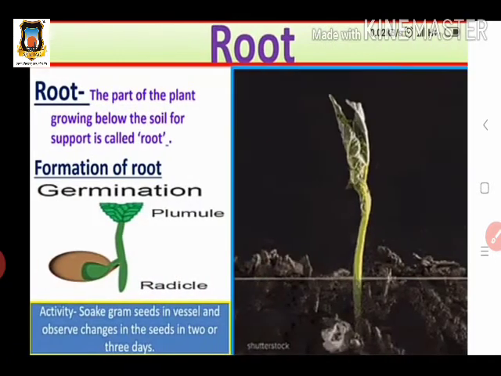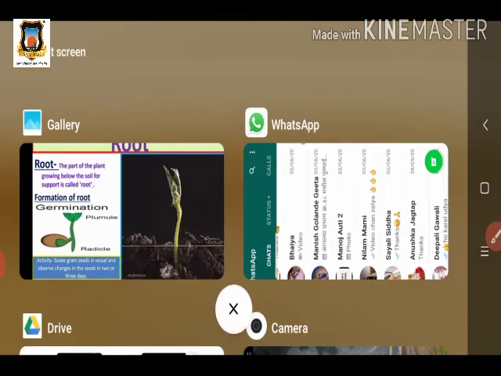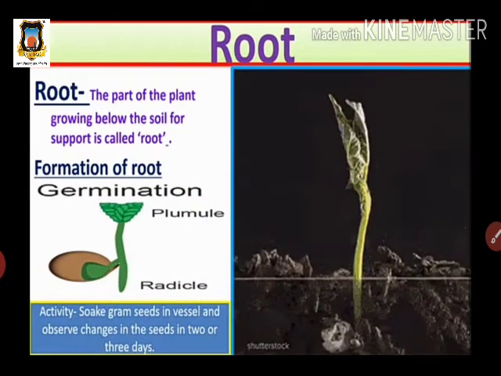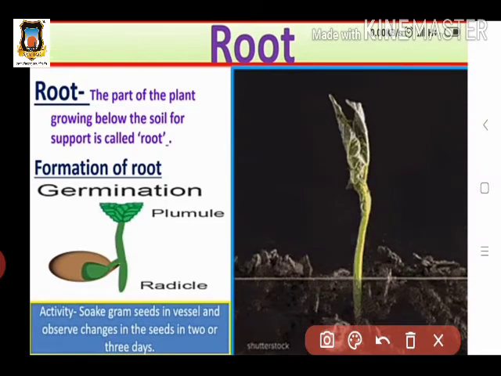And second, here we see the part which grows above the earth surface. This part grows above the soil or earth surface. Okay, so this green color part is called plumule.